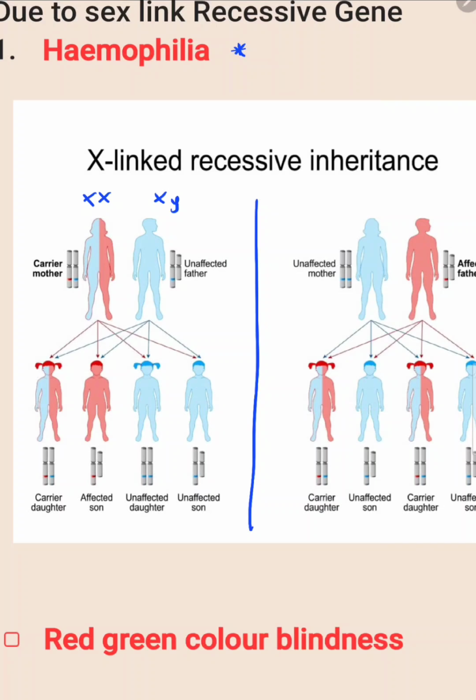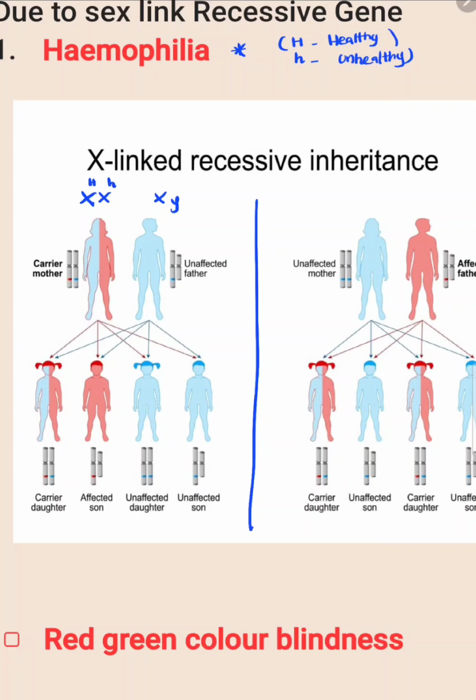First one is if the mother is a carrier and the father is healthy. Hemophilia is caused by the lowercase letter, no? So I'll use the healthy one as capital H and the disease one as small h. So the carrier mother has one capital H and one small h, because she is a carrier.